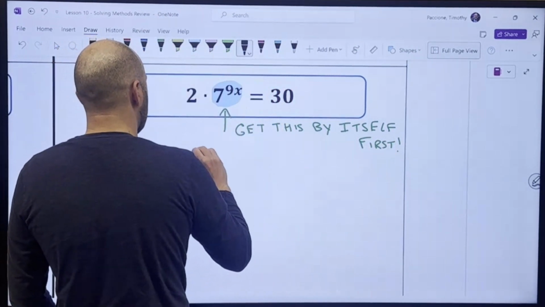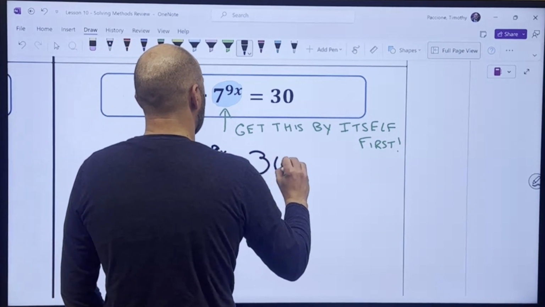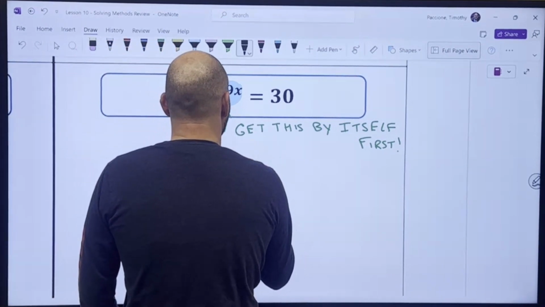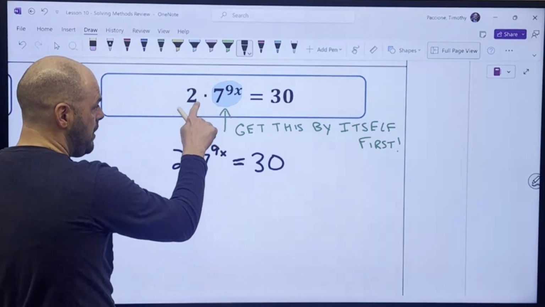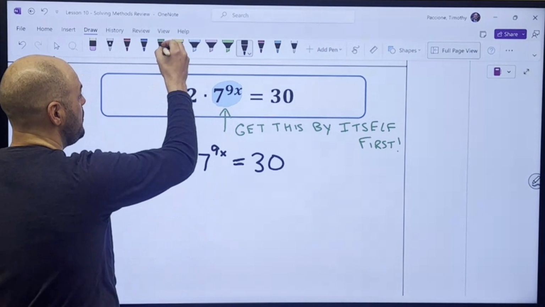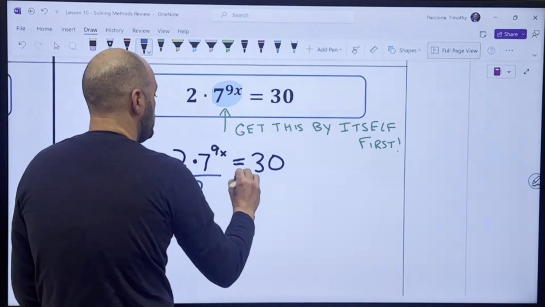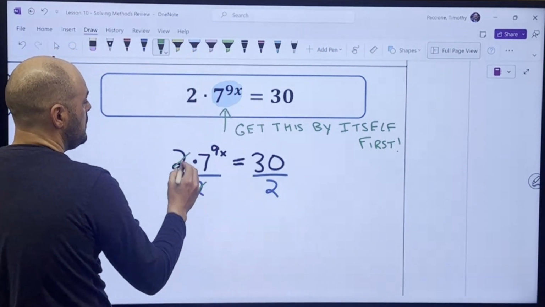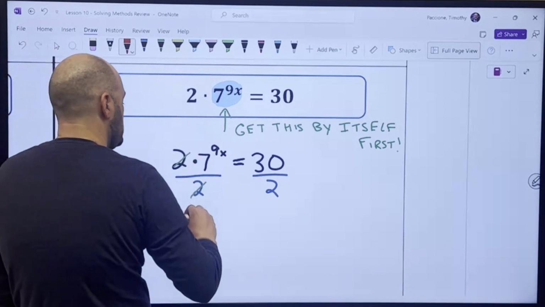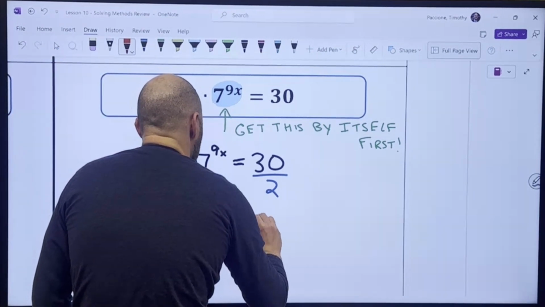It's 2 times 7 to the 9x equals 30. So, well, if I'm trying to get that by itself, what's happening to it? It's being multiplied, so I'm going to divide by 2 both sides. These 2's cancel, and I just have 7 to the 9x equals 15.